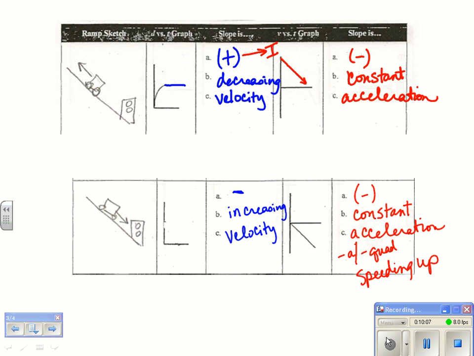Because we said it's increasing, that means it's going to be a curve, and because we said it's negative, that means it's going to curve down like that. All right. So it is important that you realize you can make a lot of predictions about one graph or the other in both directions.